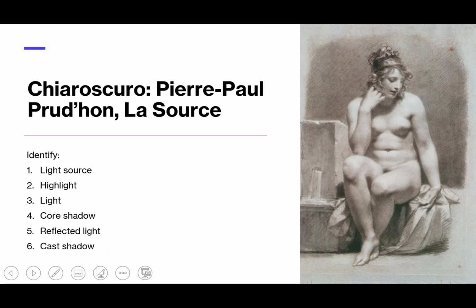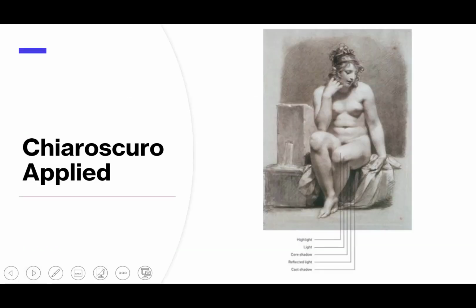They did this one for you in your book, so I'm not going to mark it up because we can see it here applied. So you have the highlight, which is the brightest point, and you can see it here too. There doesn't have to be, again, on an image, there's not usually just one highlight. You often find them in a couple different places depending on what's going on. But so we can say that the light source is over here.